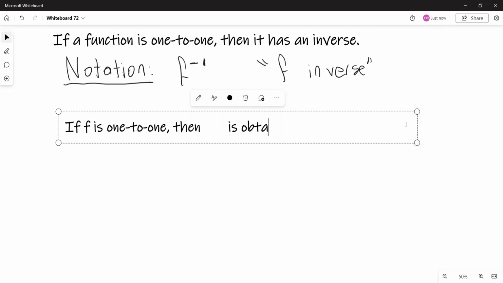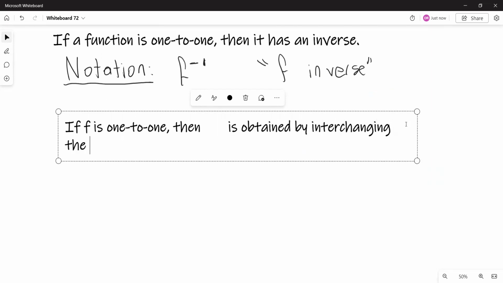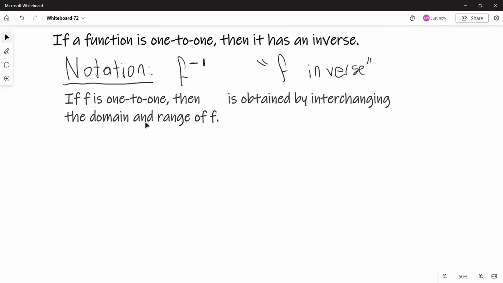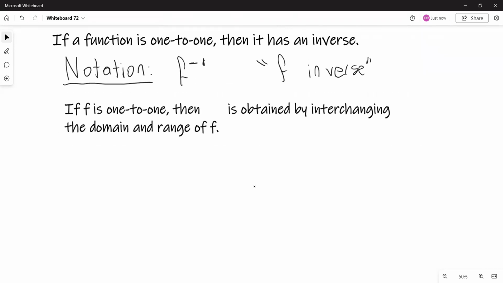Is obtained by interchanging the domain and range of f. Okay, so the inverse is written f inverse. So the inverse is obtained by interchanging the domain and range of f.